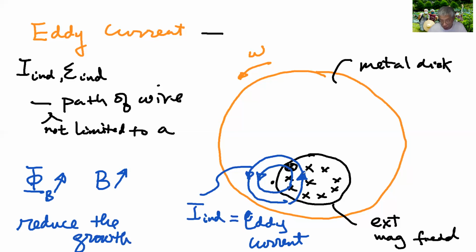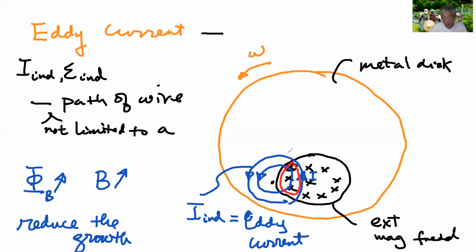Let's say I look at this I here. I put my right hand there, and I see that with this direction, I will introduce, on the disk in this area, dots, so that it would counter the original B field.